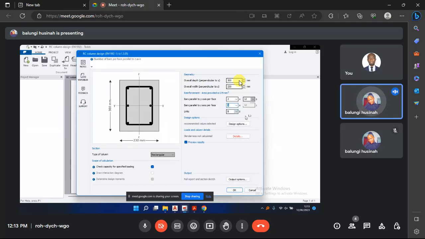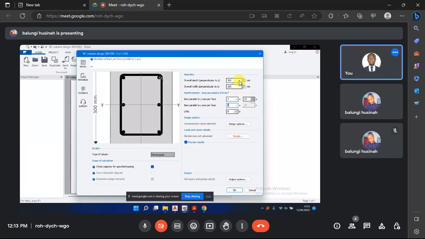So these bars parallel to the z-axis are these ones here? No, I think those in the middle. Yeah, the vertical ones. Then the ones along the y-axis are these at the bottom. Oh, okay, yeah. Design.